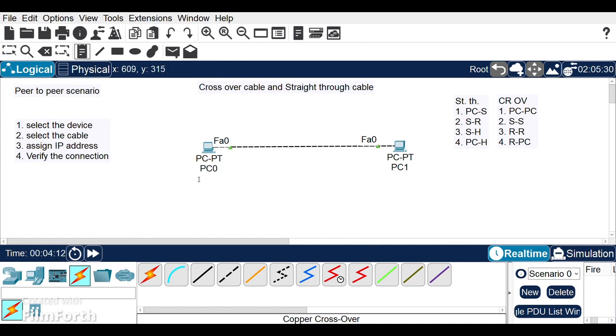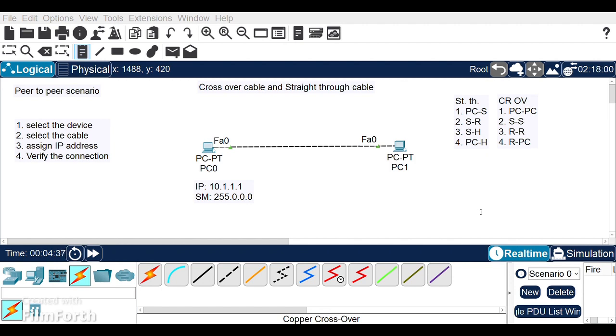Number three step is assigning IP addresses. As we know, IP addresses are 32-bit with 4 octets. Can I say 10.1.1.1 is the IP address, and I have to mark the subnet mask. I'm taking the subnet mask as 255.0.0.0. For a peer-to-peer network, it is mandatory to keep the PCs or devices in the same network.